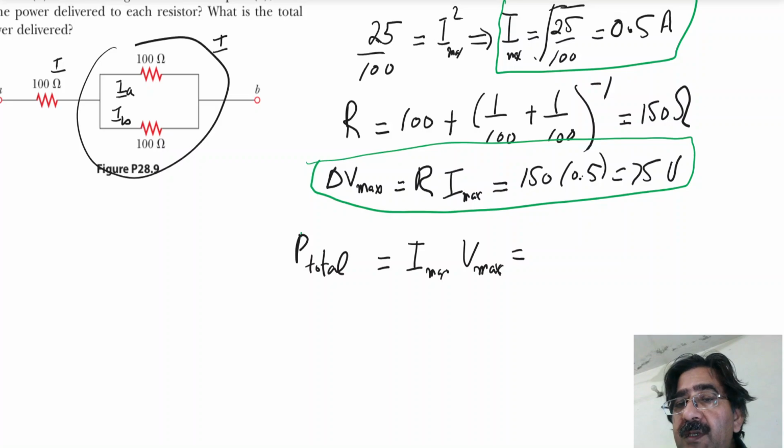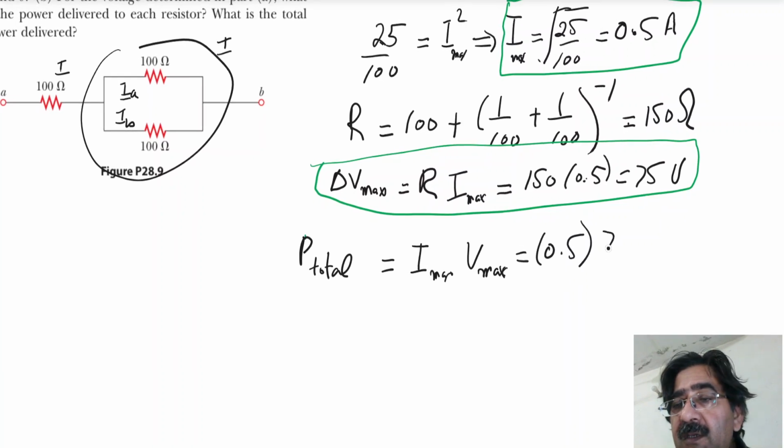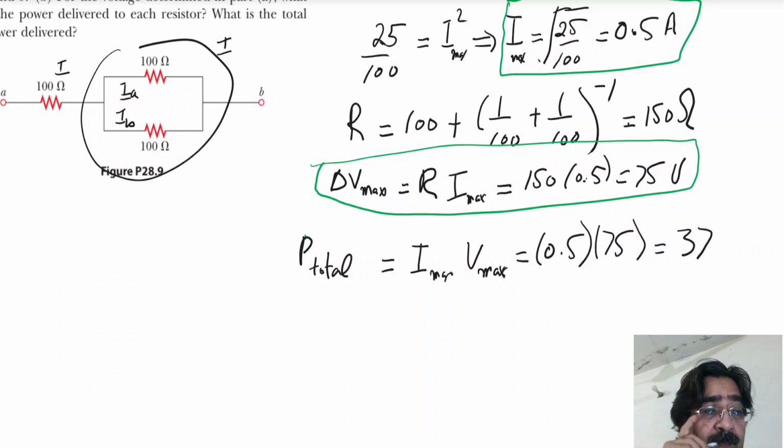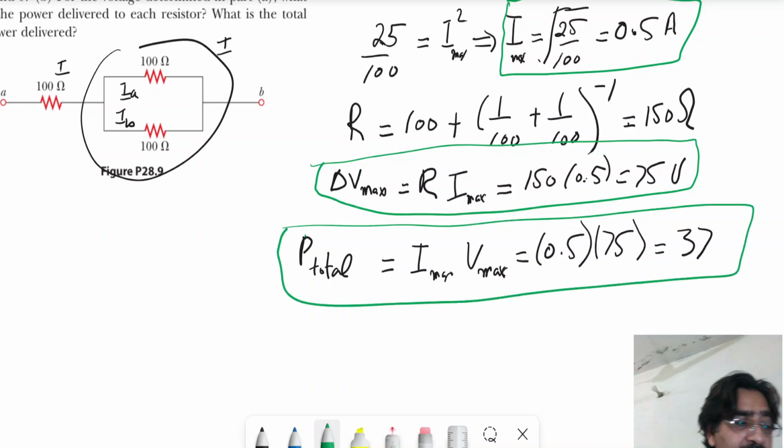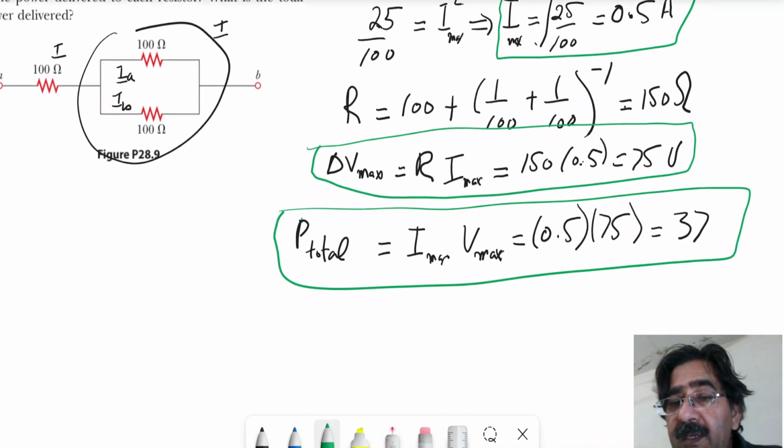The maximum current was 0.5 and the maximum voltage is 75, so the result will be equal to 37.5 watts. That will be the maximum total power, measured in watts.